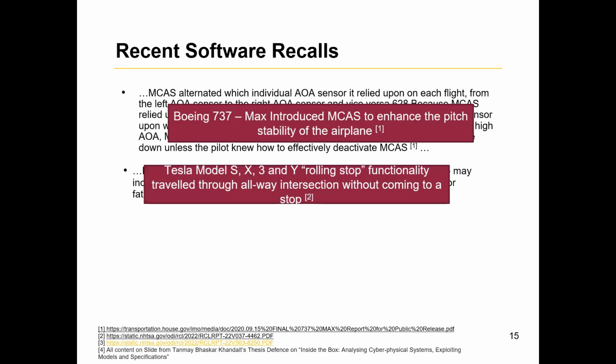The next example is with Tesla models, which, when they were supposed to come to a rolling stop at four-way stops, continued forward. The cars would override that and keep going forward, because of which certain accidents have occurred.